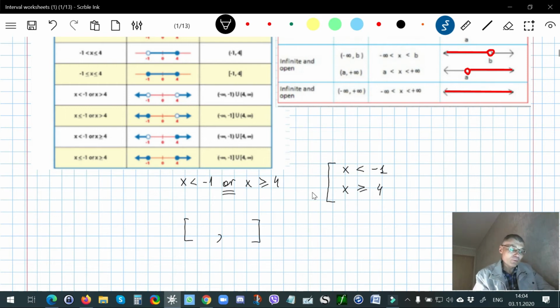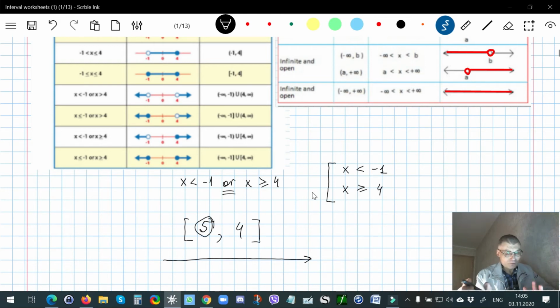If I put here a number which is greater than this one, for example, 5, 4, it wouldn't make sense because my number line always goes from left to right. And I have to follow my number line. So this is incorrect. I can't put a bigger number here.